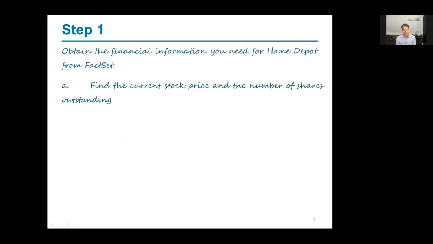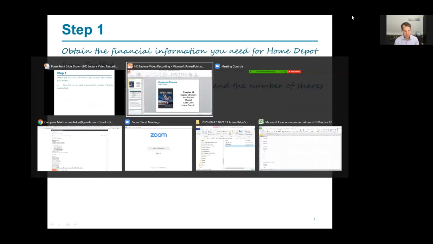So we'll go step by step through the exercises. And as you can see, the first one is to obtain information from FactSet. So I will jump into FactSet. I should have it open here. You may take a little bit of time to actually do that together with me.